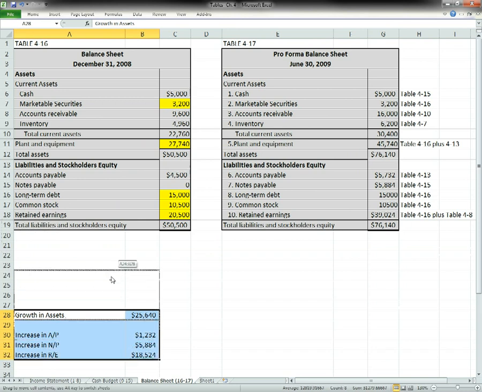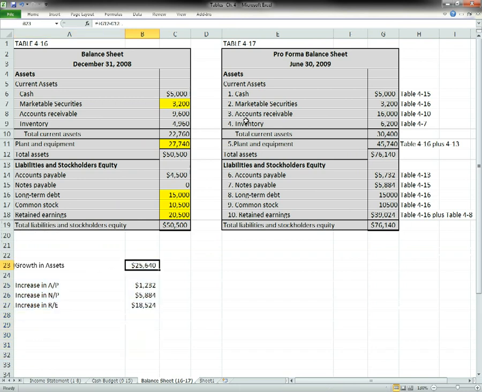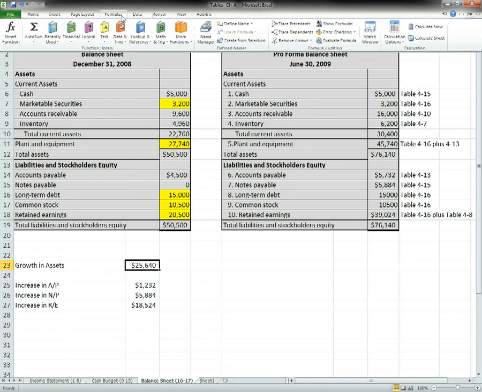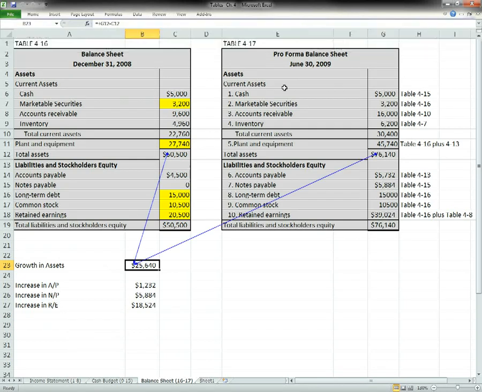So we had a growth in assets to 76,000 from 50,500. That's a growth in assets of 25,640. How did we finance that growth? Well, some of it was financed by the increase in retained earnings that we had. So the increase on the asset side has to be matched by an increase on the other side of the balance sheet somewhere.